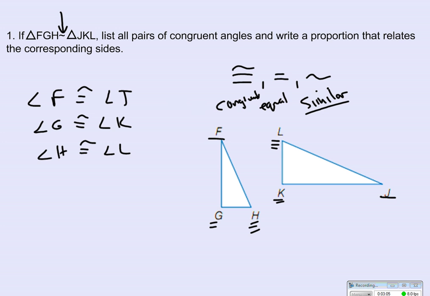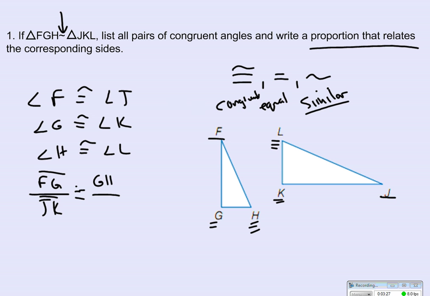Now, how do you write the proportion that relates the sides? Well, here's how I do that. If I'm going to start off with, let's just say FG. Well, FG corresponds to JK, but I write it in ratio form. Then I'm going to say that's going to be equal to the next set.